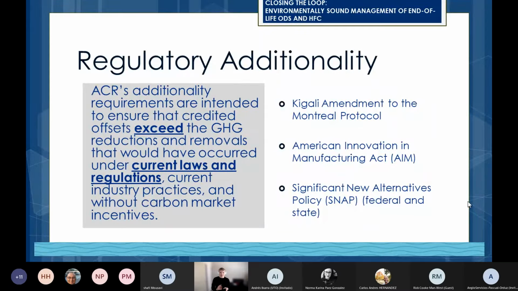But there is a careful interplay between regulation and the carbon market to ensure that regulatory additionality is always there. And that is the job of the registry, to constantly be monitoring the regulatory environment to make sure that the carbon market incentive mechanism can be as effective as possible. And that shows up in the methodology or protocol rules and requirements.